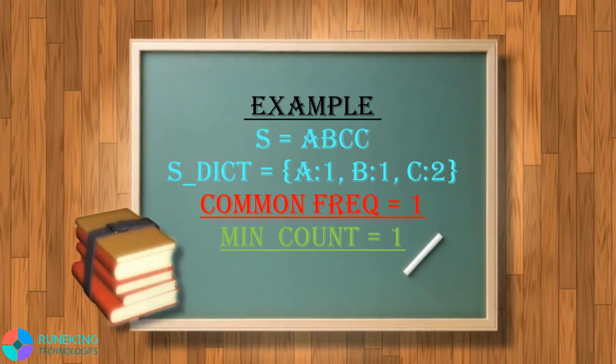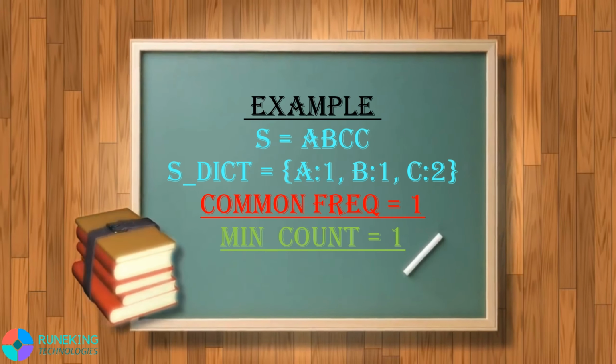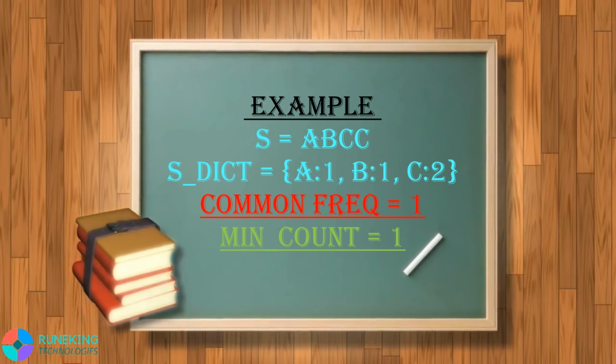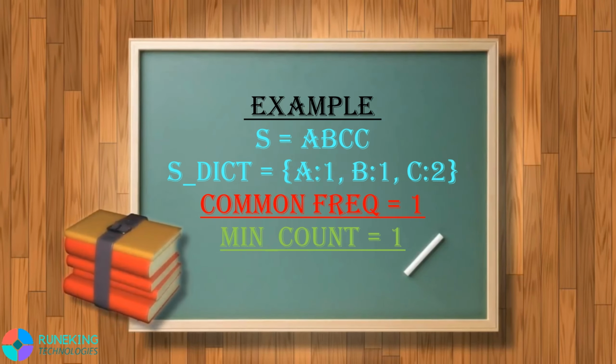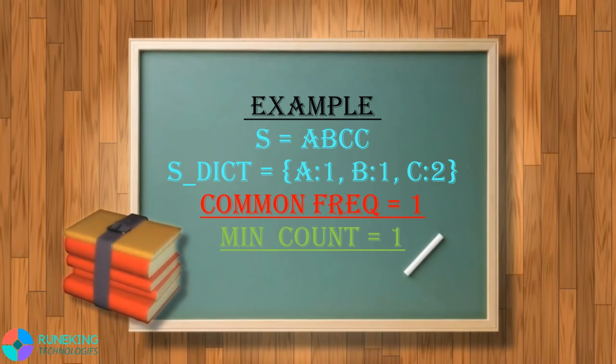For example, in the case of ABCC, the frequency of A is 1, B is 1, C is 2. So here the common frequency which most of the characters have is 1. We will name it min count, or you can say common frequency.